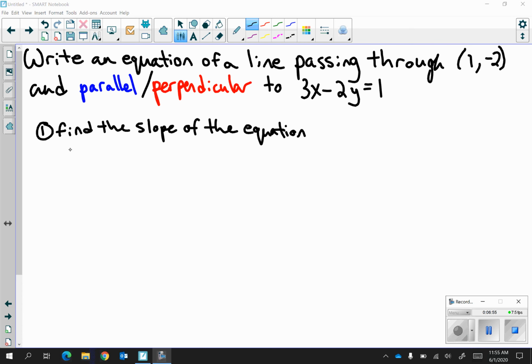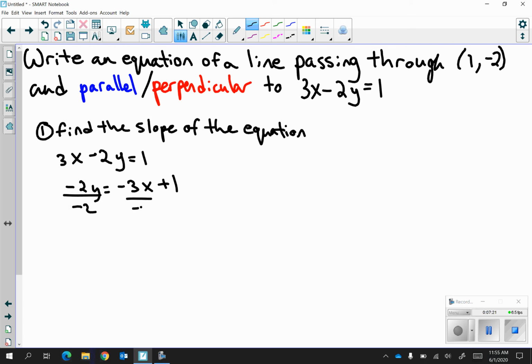So I have 3x minus 2y equals 1. And when you find the equation of the slope, you have negative 2y equals negative 3x plus 1. I keep my x first because you know y equals mx plus b, the term with the x comes first. Divide everything by a negative 2.